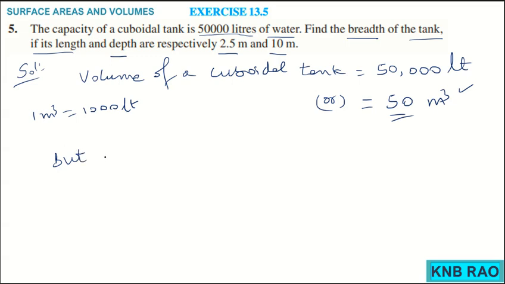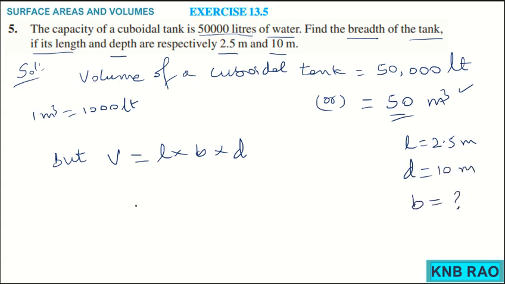But volume is equal to length into breadth into depth, or height, you can say. Here we know length as 2.5 meter, depth as 10 meter, breadth we don't know, so we will substitute them. 50 divided by length 2.5, depth 10 will give us the breadth.